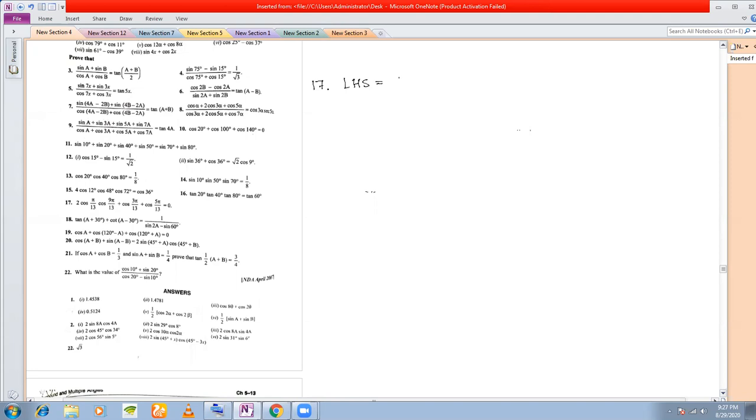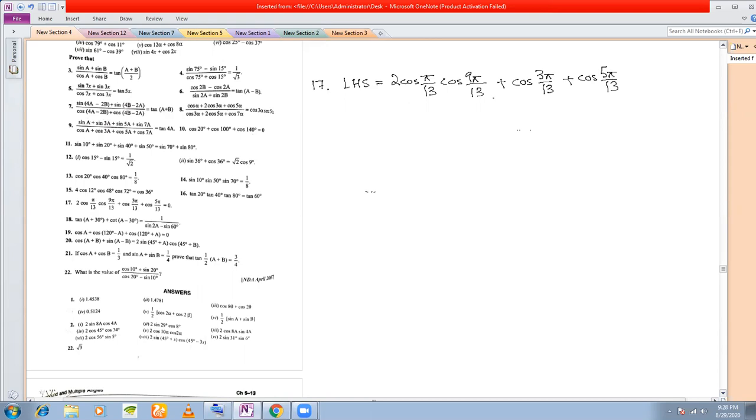The left hand side here is 2 cos pi by 13, cos 9 pi by 13 plus cos 3 pi by 13 plus cos 5 pi by 13.